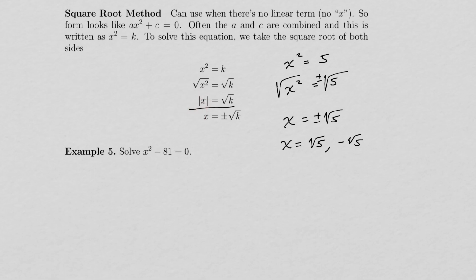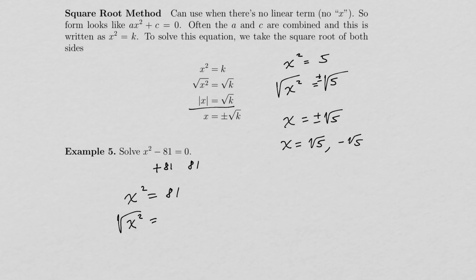Okay, so in this case, if we're going to use the square root method, we basically have to isolate the x squared term. So in this example, example 5, I want to move the 81 to the other side. So I'm going to add 81 to both sides. And now I have the x squared term isolated. So now to get x by itself, I need to take the square root.